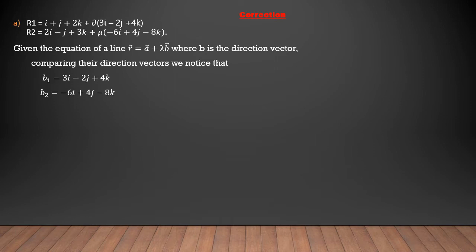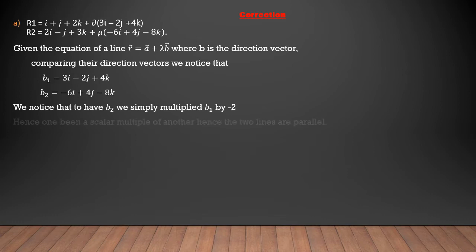We notice that one has simply been multiplied by a scalar factor, which is negative 2. That means the lines are parallel because they have a certain factor. Hence, r1 equals k r2. Hence, the lines are parallel.